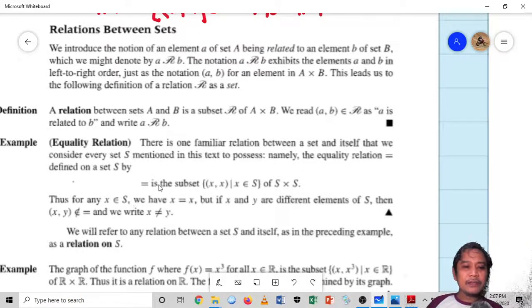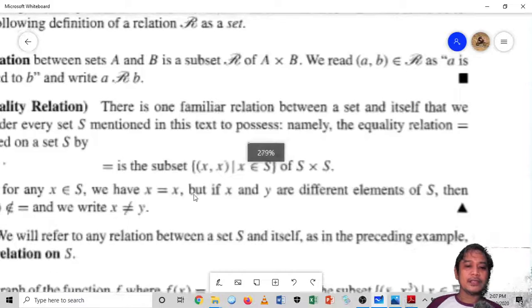So we define the equality relation as the subset of ordered pairs (x, x), wherein x is an element of the set S, of the cross product S cross S. Therefore, for any x in S, we have x is equal to x.